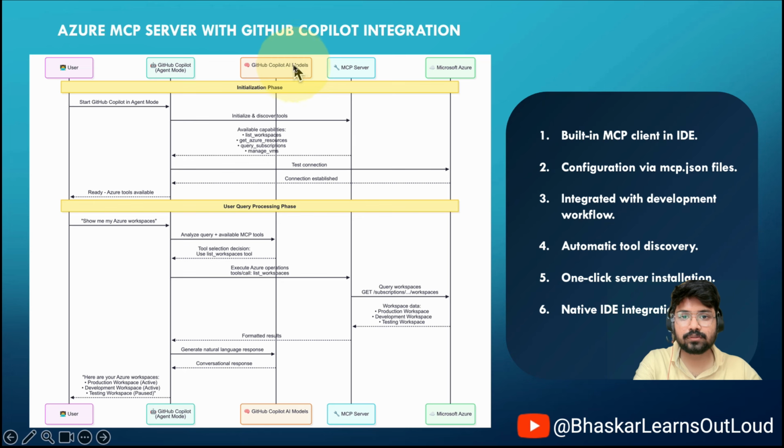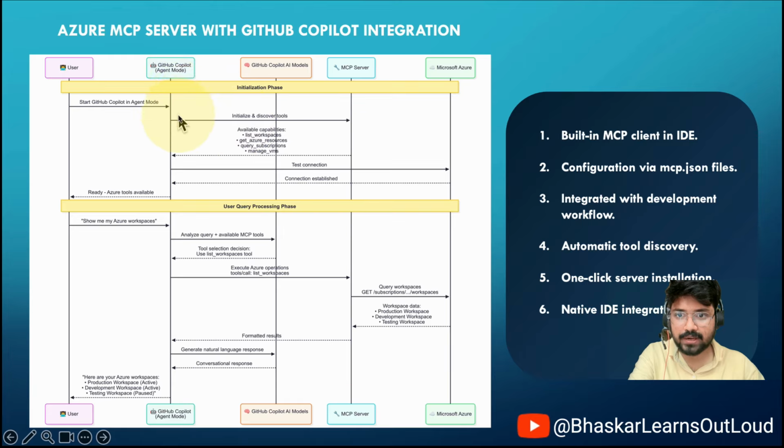Then we have this MCP server. For example, consider this as your MCP server, and then we have our Microsoft Azure, which is last. So GitHub Copilot is started in agent mode, and we have the MCP server installed.